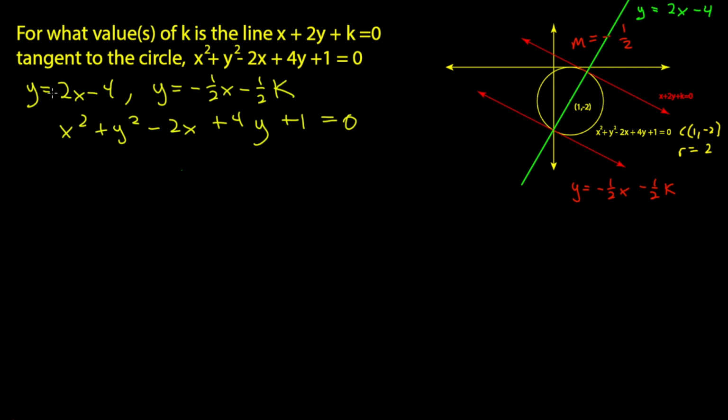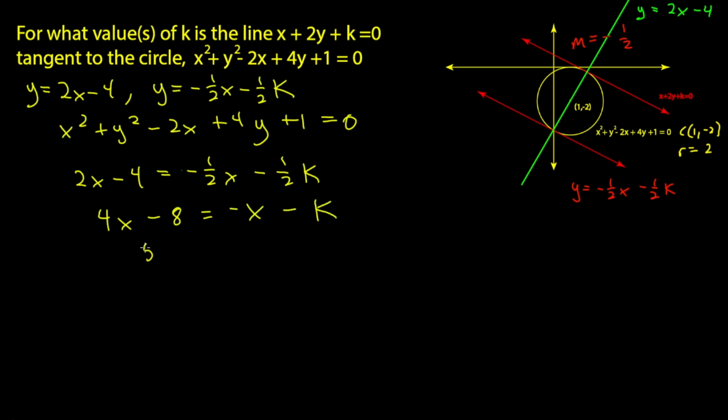Okay, so watch here. So first thing we can do is y equals this, y equals this. You can do it by elimination. You can do it by substitution. 2x minus 4 equals negative 1/2 x minus 1/2 k, or 4x minus 8 equals negative x minus k.